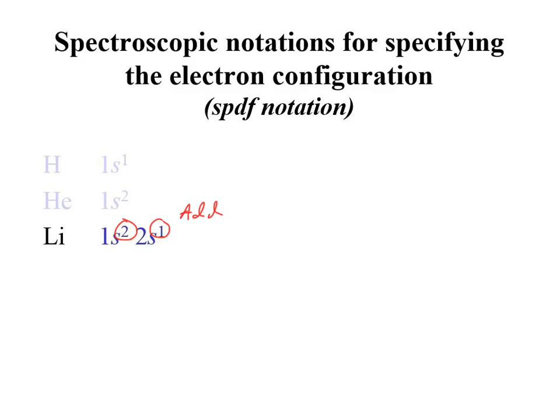So we have 3 electrons. And then after lithium, we go to the 4 electrons around beryllium, 1s2, 2s2. I feel like I'm playing bingo or something. And then we go on to boron, the 5 electrons. It goes 1s2, 2s2, 2p1.